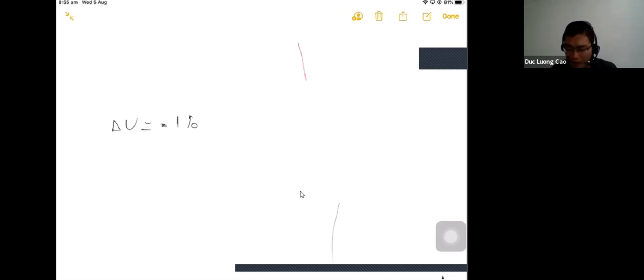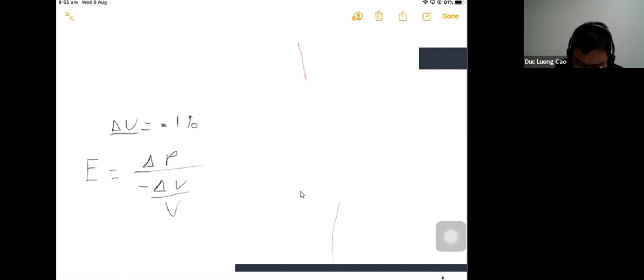And as I said, you have the equation to find elasticity, E equals delta P over minus delta V over V. Sorry, delta V over V is minus 1%.